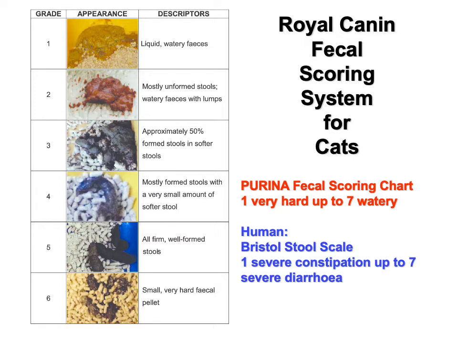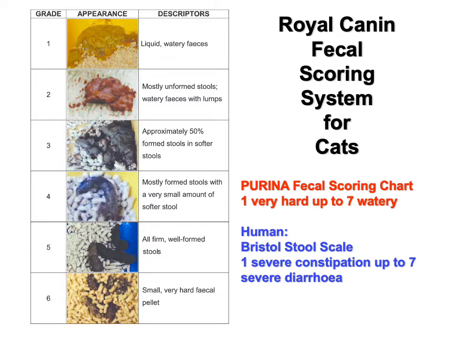And the Purina is similar to the human Bristol stool scale, which begins with 1, severe constipation, up to 7, which is severe diarrhea.